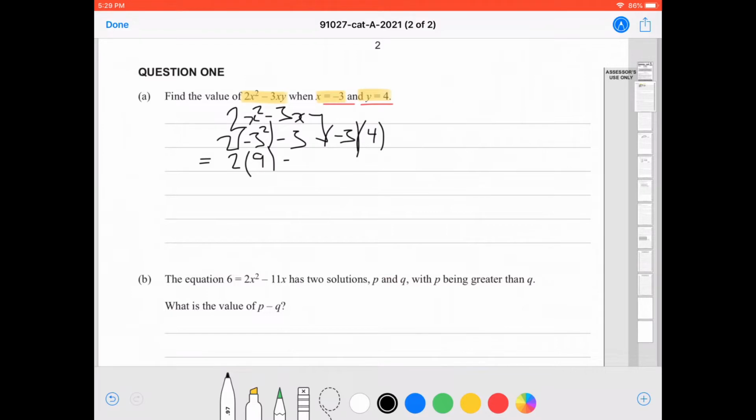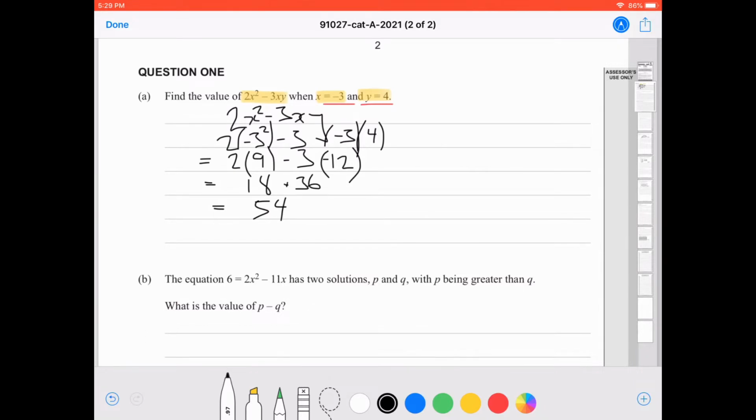Minus 3 and negative 3 times 4 is negative 12. So we've got 18 minus negative 36, but rather positive 36. And 18 plus 36 equals 54.